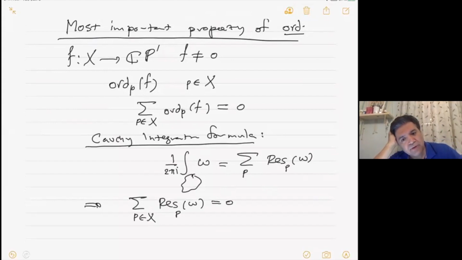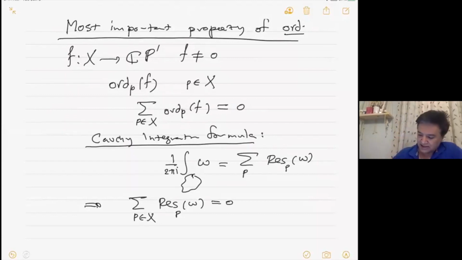Therefore, if you look at the outside of this path, then the integral is going to be the sum of all these residues. And if you look at the inside of this path, the integral is going to be a sum of 0 residues. So the sum of residues must be 0. So this way you can prove the theorem.